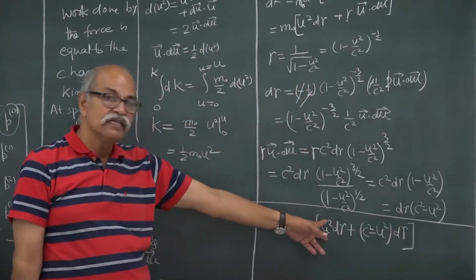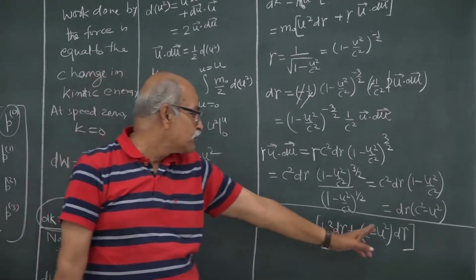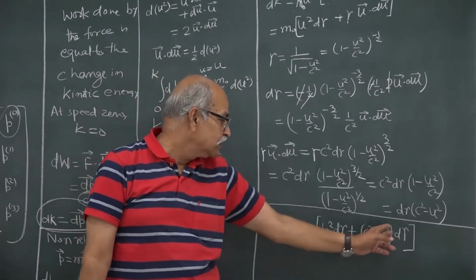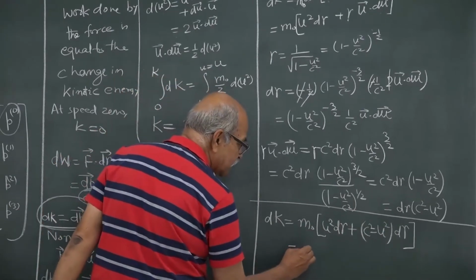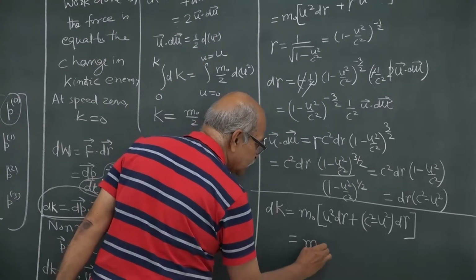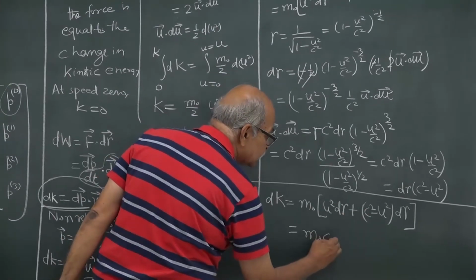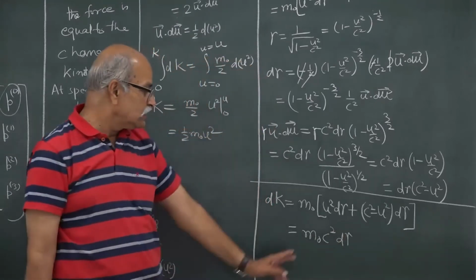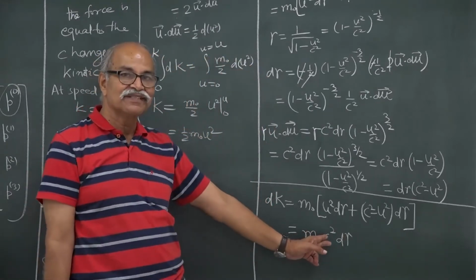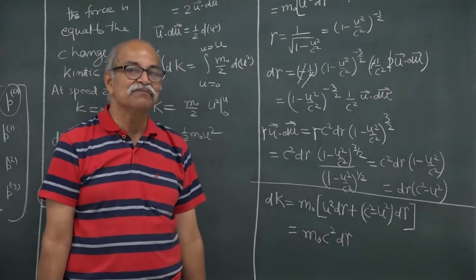And u square d gamma here and minus u square d gamma here, they cancel out, and you are left with a very simple looking expression, m naught times c square times d gamma. This is constant, this is constant, and you just have d gamma.